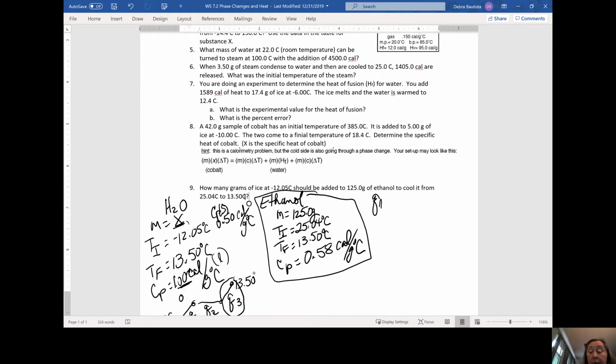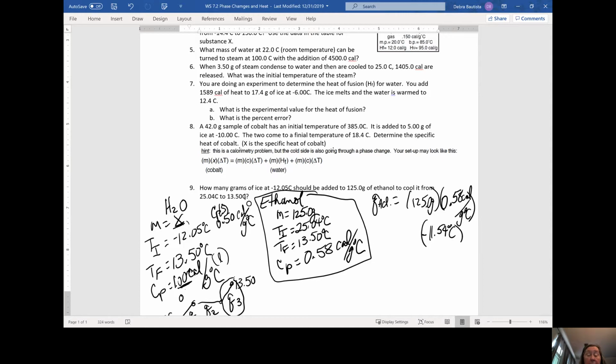So Q for ethanol, which is alcohol, is going to equal 125.0 grams times 0.58 calories per gram degree Celsius, and then the temperature change, which is final, 13.50 minus 25.04, and I get a negative 11.54 degrees Celsius.